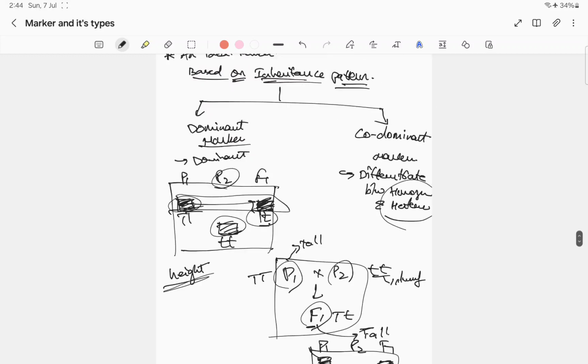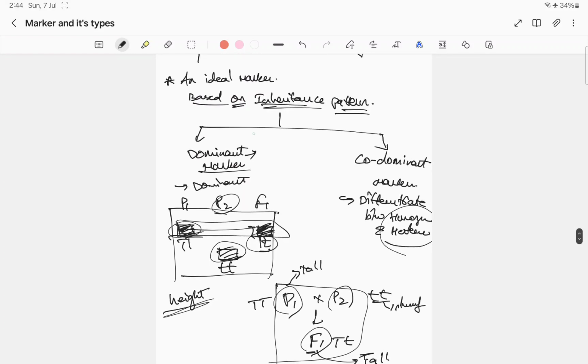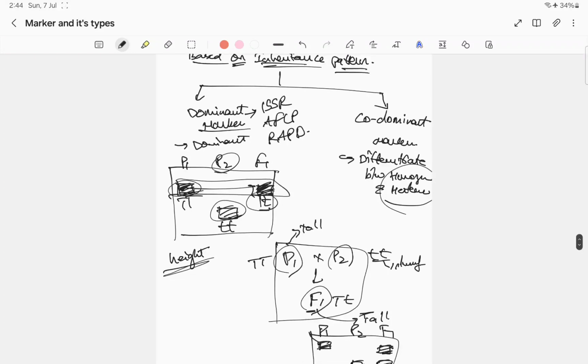Examples of dominant markers are ISSR, AFLP, RAPD. Here comes the question, which marker is suitable for us?